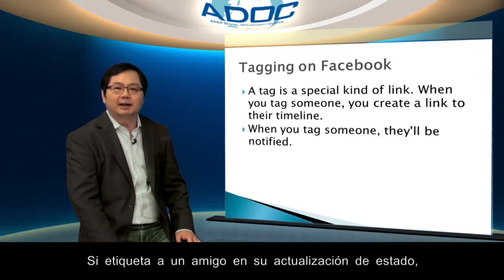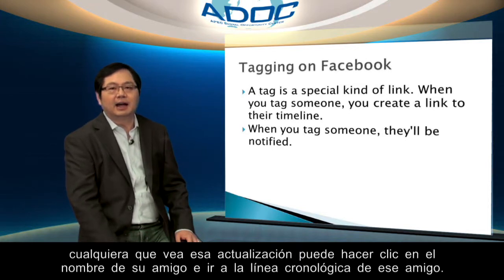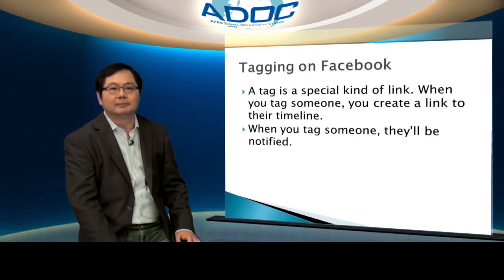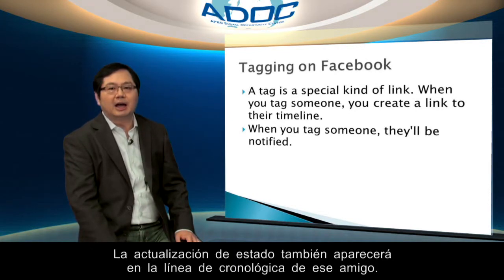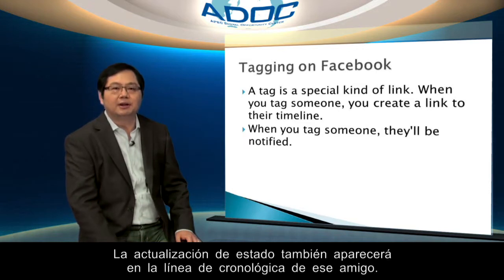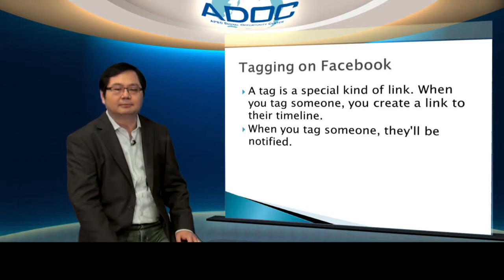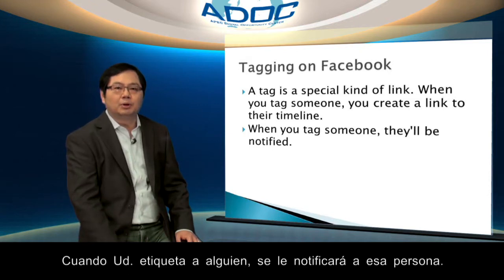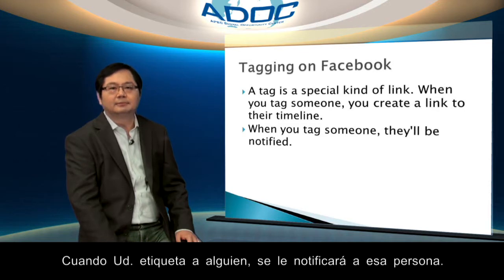If you tag a friend in your status update, anyone who sees that update can click on your friend's name and go to their timeline. Your status update may also show up on that friend's timeline. When you tag someone, they will be notified.